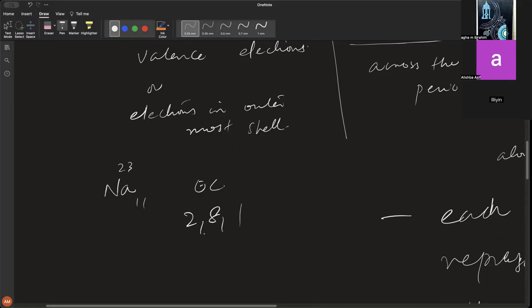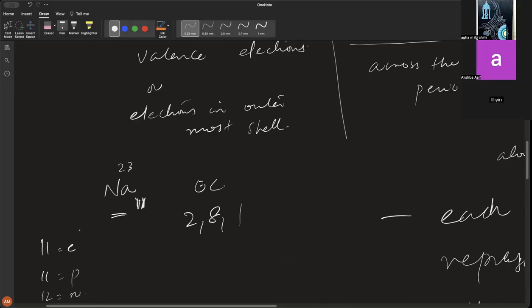Very good. Sodium is 11. It has 11 protons and 11 electrons and 12 neutrons.